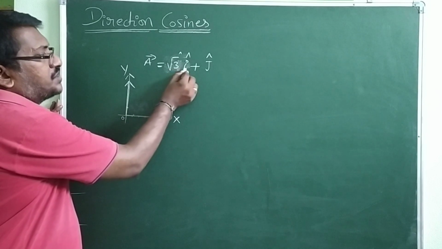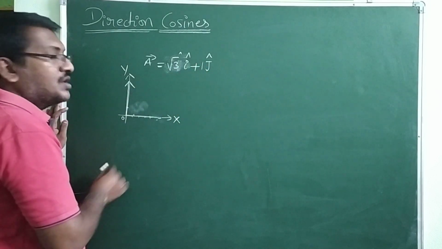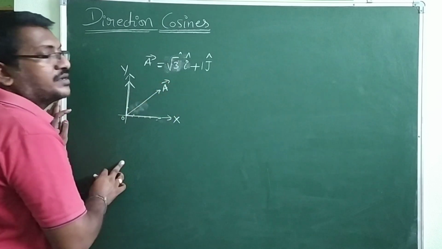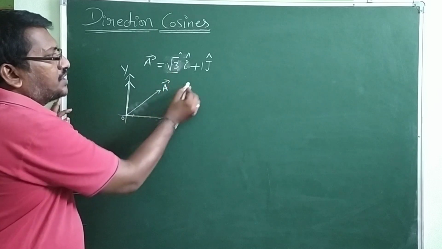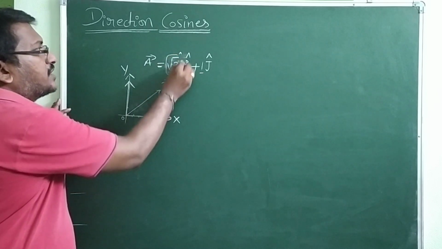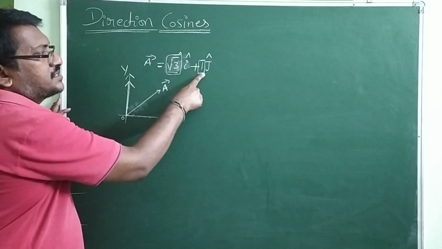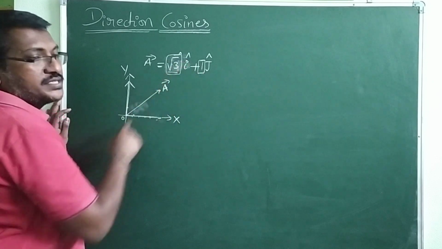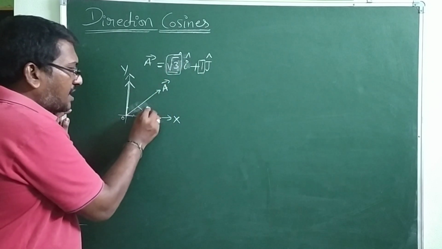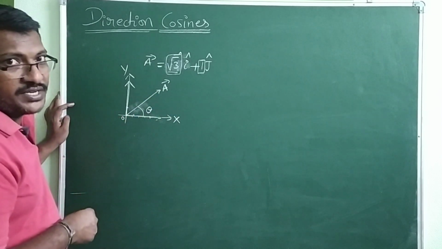Now the vector is like this. The x component is root 3, the y component is 1. These two are said to be the rectangular components. One lies along the x-axis and the other component lies along the y-axis. I am taking the angle made by this vector with the x-axis as theta.